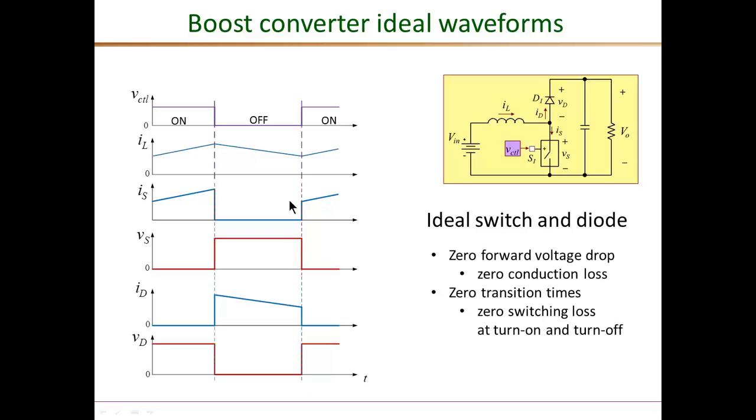Also, we assume that the transition times, for example, for the current to go from this peak value to 0, as well as for the diode current, and for the voltage of the switch to go from 0 to the full rated blocking voltage, are 0. Therefore, the switching losses are also 0 with the ideal switch and diode. Next, we will compare this situation with one where we use real practical devices.